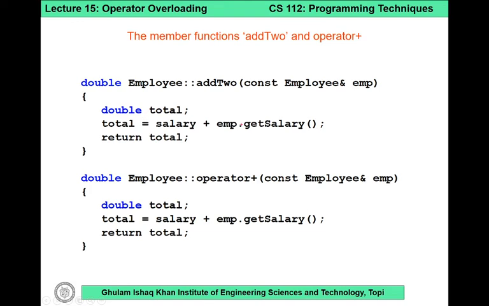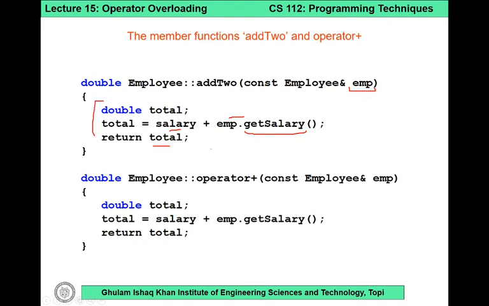Then the other employee, which is passed to it as a parameter, it gets the salary of that employee, and the salary of the parameter passed to it and its own salary are added, and the result is returned wherever this function is being called.